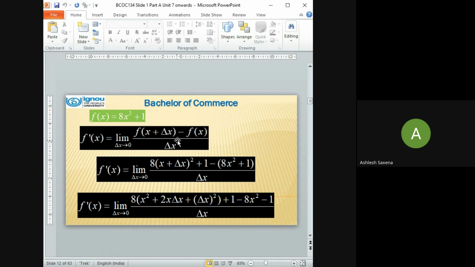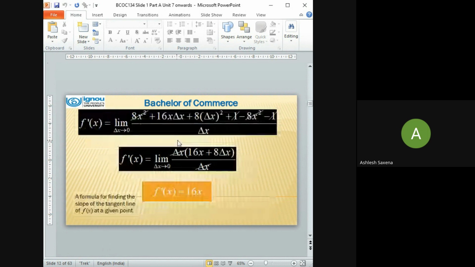So this plus 1 and minus 1 will be gone. Straight away open this bracket and see what is left. This x square will be removed. You will be left with 16x delta x plus 8 delta x square upon delta x.